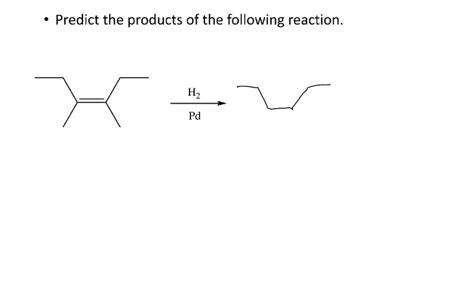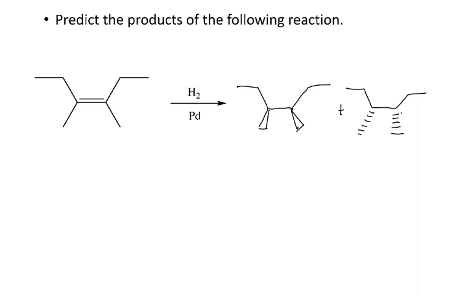And so I'm going to represent that by pushing the methyls to wedges. All right, and then we can also have the product where the hydrogens are coming in from the top, and so then that would push the methyls to be on dashes.